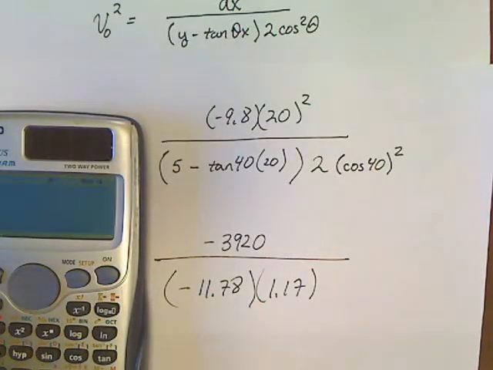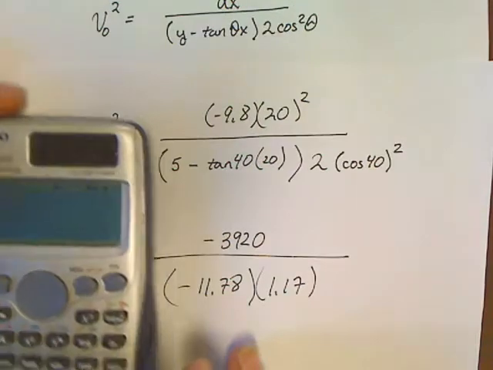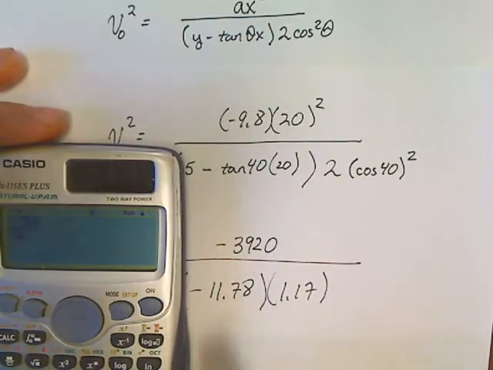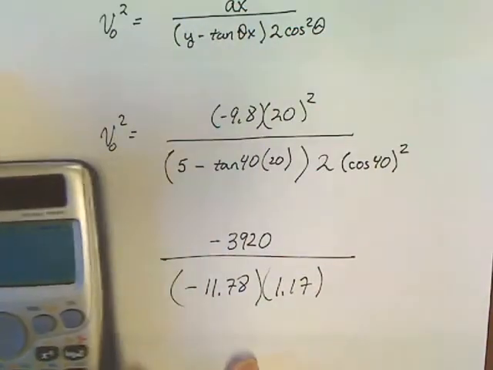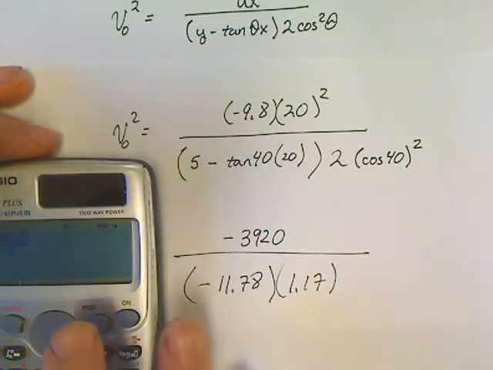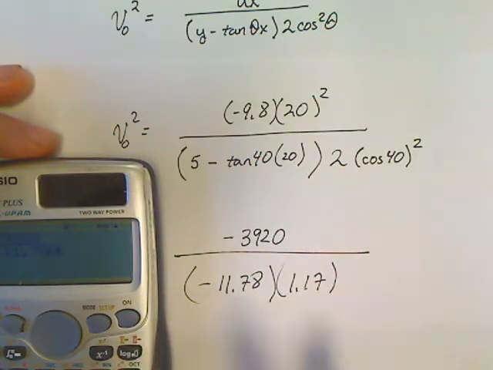So now this becomes, I'm going to put it in, negative 3920. If you got a really nice calculator, why not use it? Negative 11.78 times 1.17.